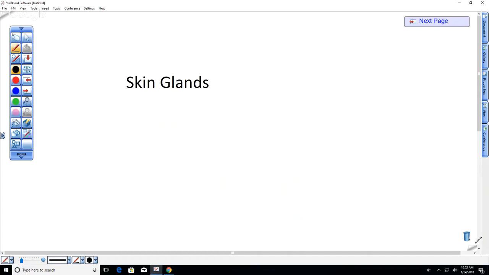So we're going to talk about skin glands. And the first type of gland is called an eccrine gland. And this has another term for it, and it is called sudoriferous. Actually, there are multiple types of eccrine glands.